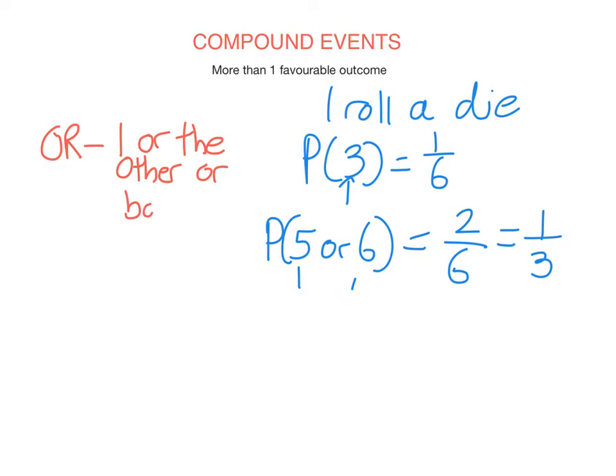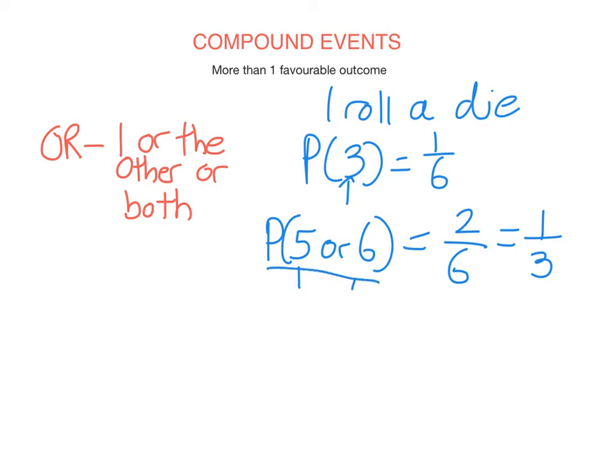For example, if I'm interested in the probability that I select a student at random from the class and they play footy or soccer, what I actually mean is they play footy or soccer or both. They can do both. The proper name for this is inclusive or. So when I say or, I mean one or the other or both.